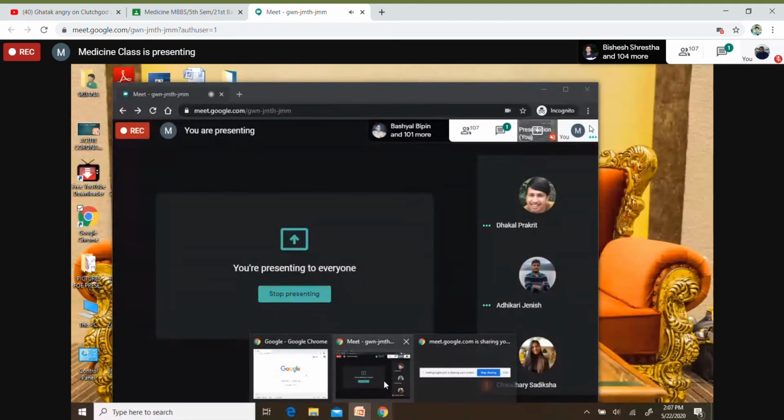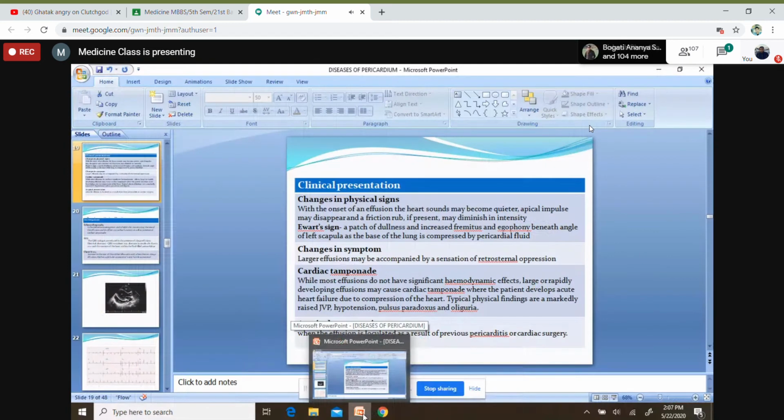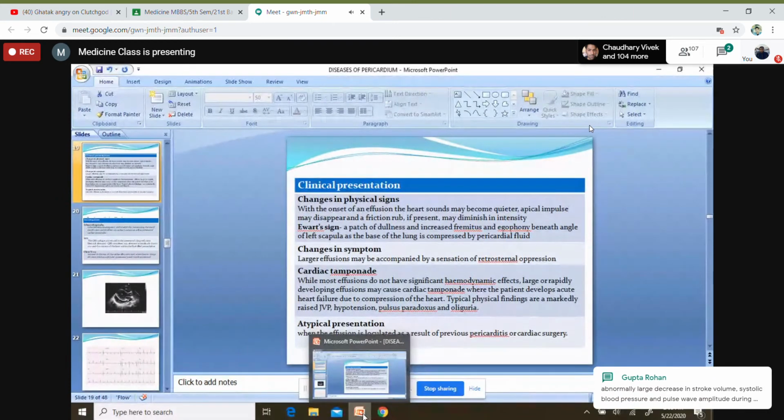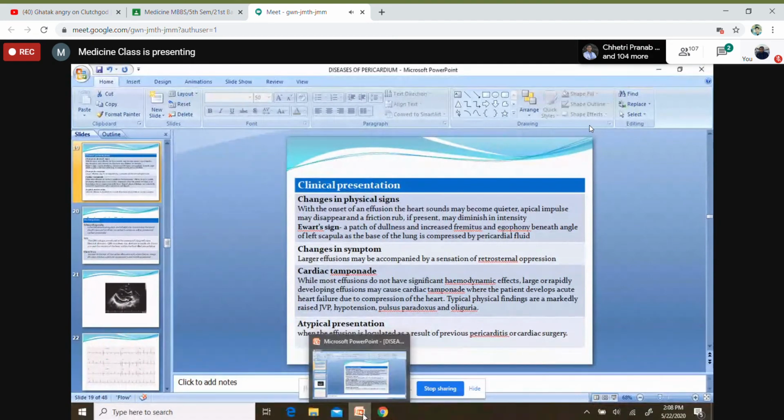Okay, good. So generally, what happens is there may be fall in the pressure of less than 10 millimeter of mercury during inspiration. Okay, so there is nothing paradoxical about this. But if there is a fall in pressure of more than 10 millimeter of mercury during inspiration, that is called pulsus paradoxus.